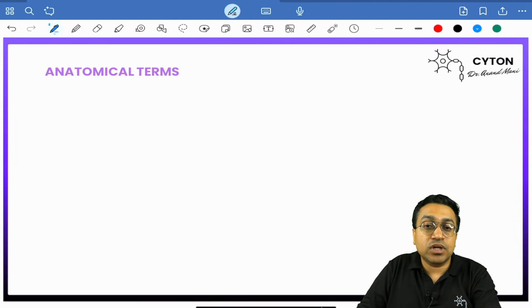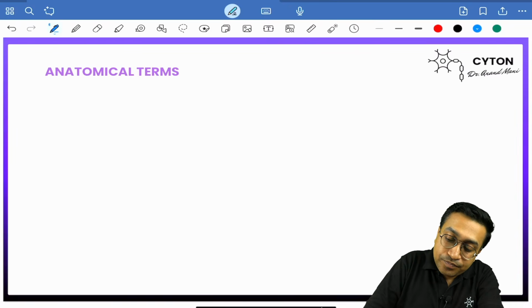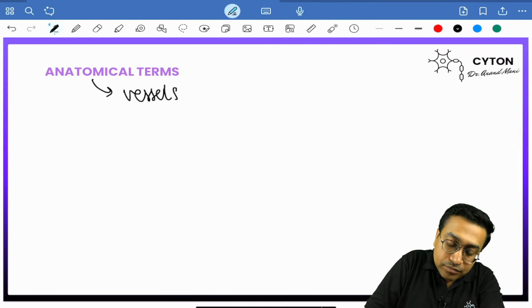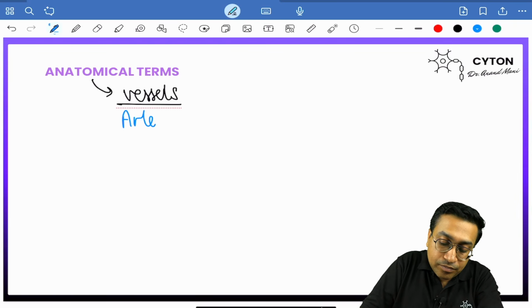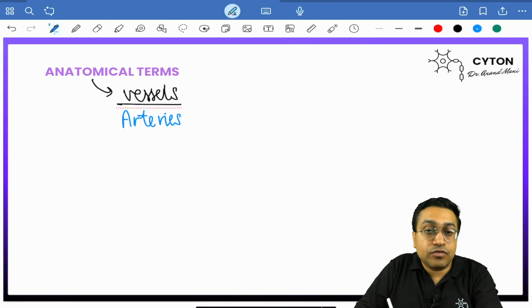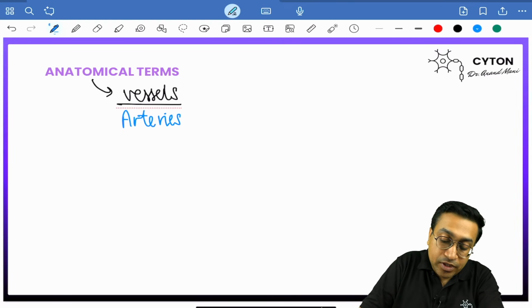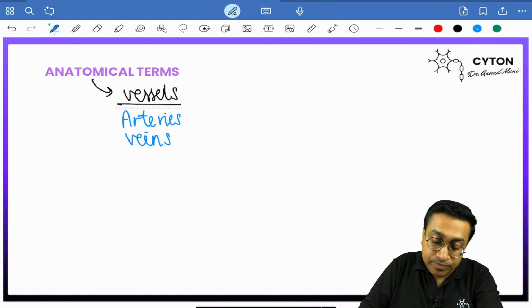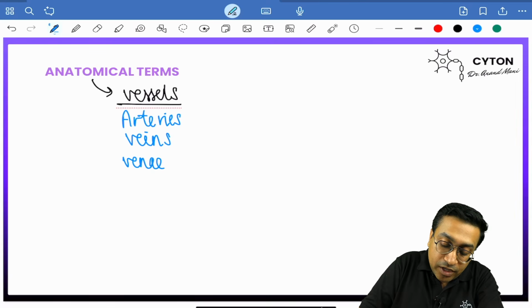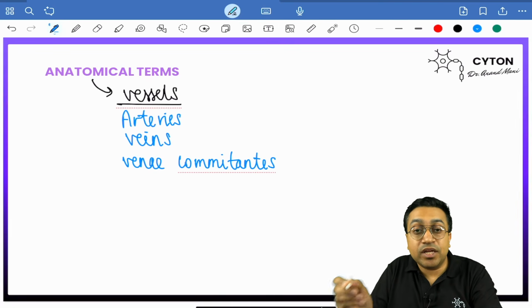Now we talk about other terminologies, like the anatomical terms related to the vessels. Okay, what are those? The arteries, which carry the blood away from the heart. The veins, which carry the blood towards the heart. Then there is venae comitantes, veins accompanying the artery.